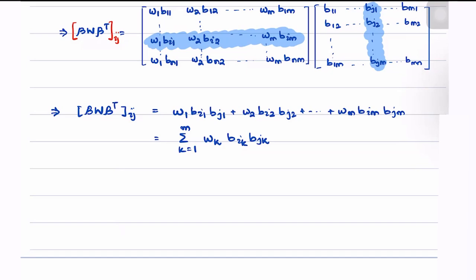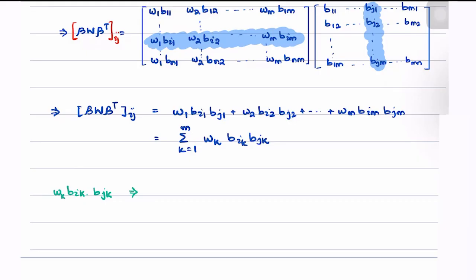We are trying to figure out what this product BIK times BJK signifies. We also have a WK multiplied here.